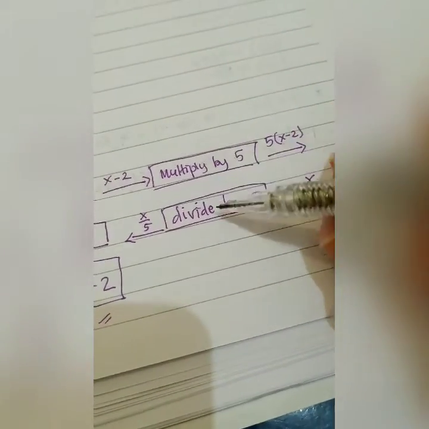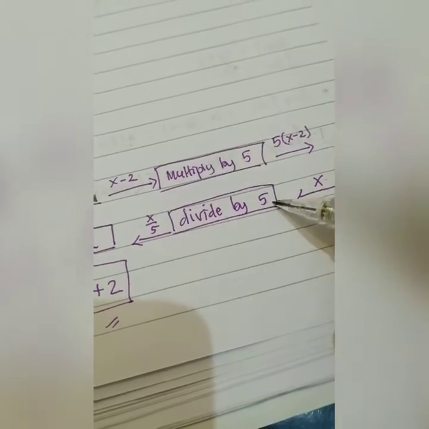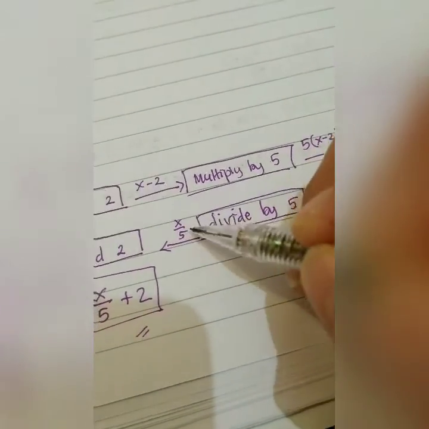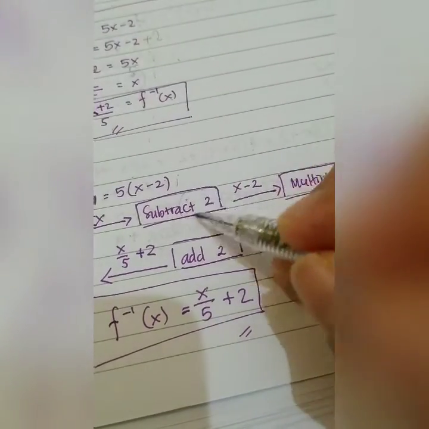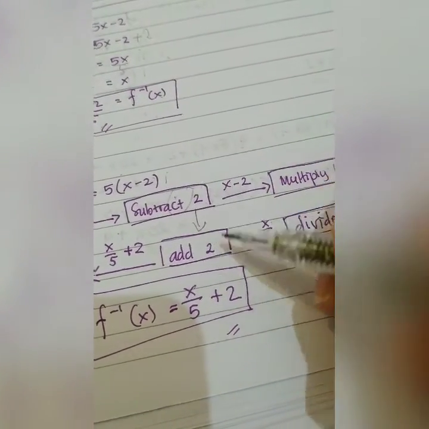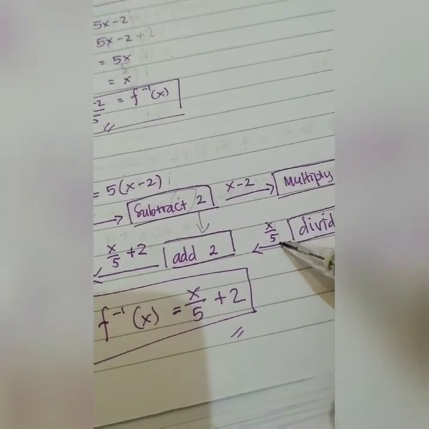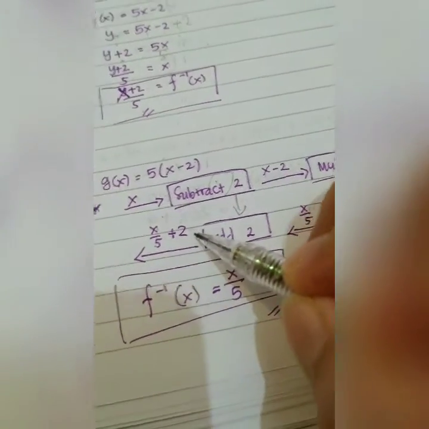This is multiply, so here we divide by 5, the opposite. So we divide by 5 and get x over 5. Then here is subtract 2, so the reverse is add. After we get x over 5, we add 2, so we get x over 5 plus 2.